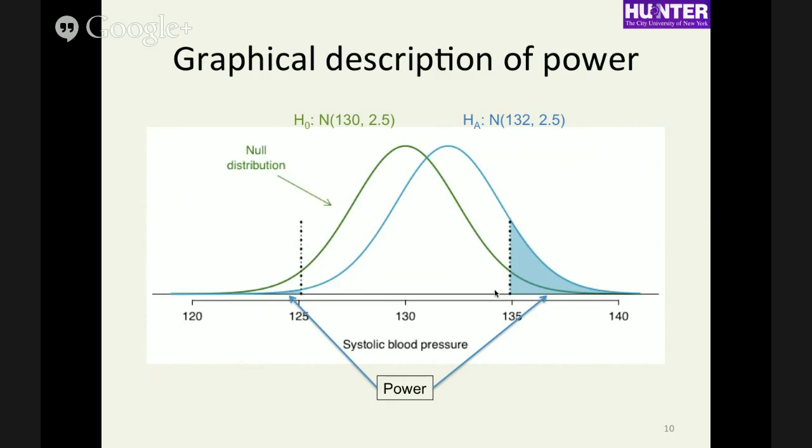Now, when we do the power calculation, we're going to say something else. We're going to suppose that in fact the true mean of the target population is 132. So it's 2 millimeters of mercury different than under the null distribution.